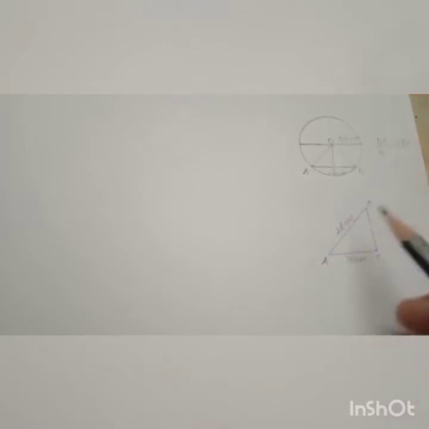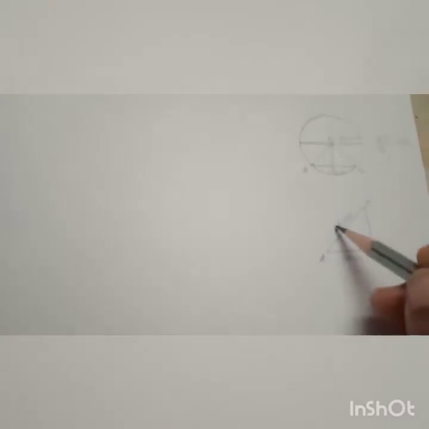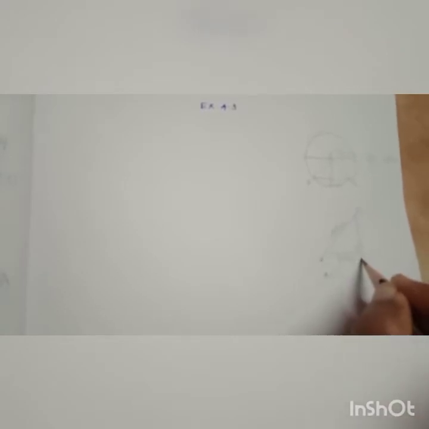In this right angle triangle, by Pythagoras theorem, the square of hypotenuse, which is the side opposite the right angle, is equal to the sum of squares of the other two sides.